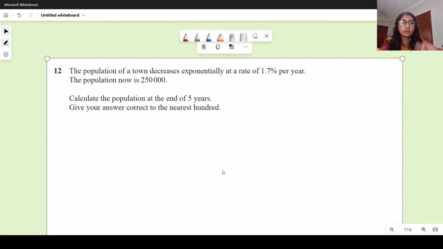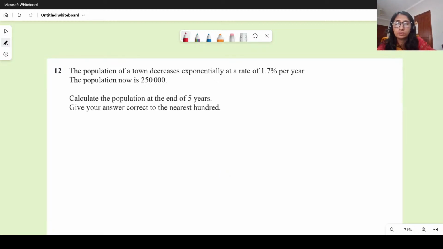The population of a town decreases exponentially at the rate of 1.7% per year. The population now is 250,000. Calculate the population at the end of 5 years. Okay, so the formula is 1, since it's a population decrease, minus 1.7 upon 100, power 5, and you write the original value over here.